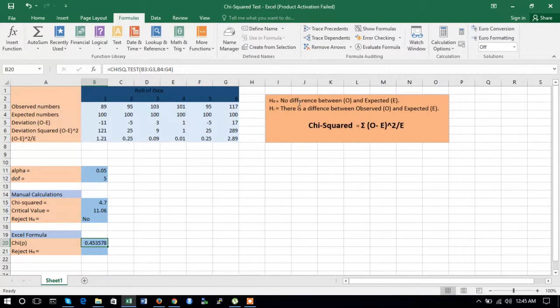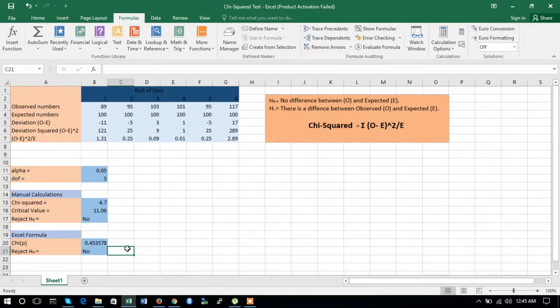But since the probability value of chi-square is greater than the alpha value, we cannot reject the null hypothesis over here. So in this case we have also used the Excel formula, and we cannot reject the null hypothesis since the probability value is far greater than the alpha value.